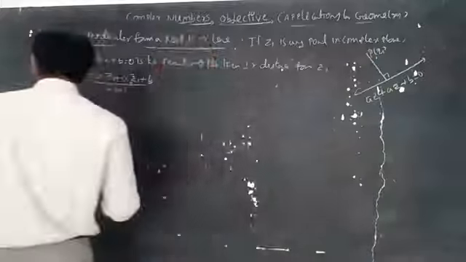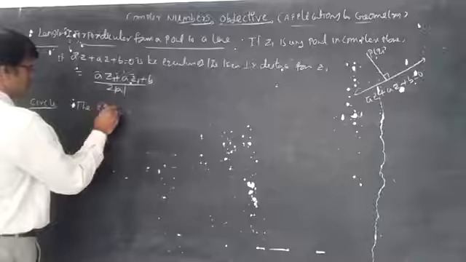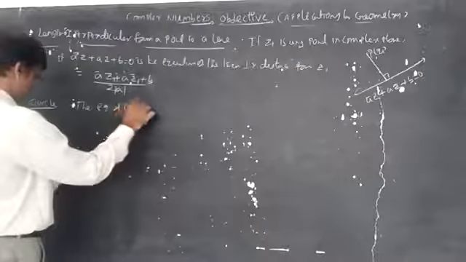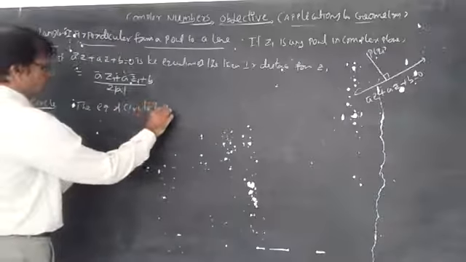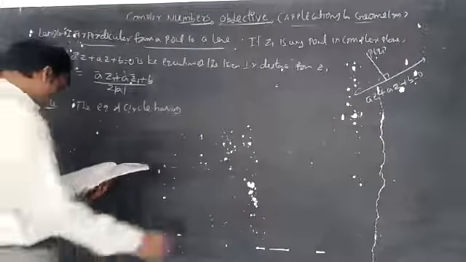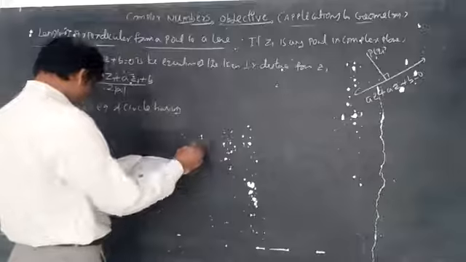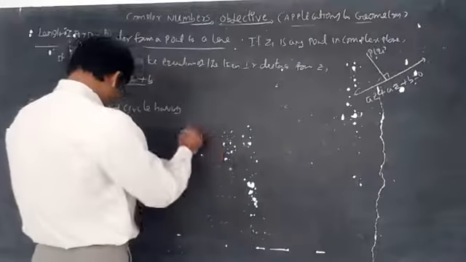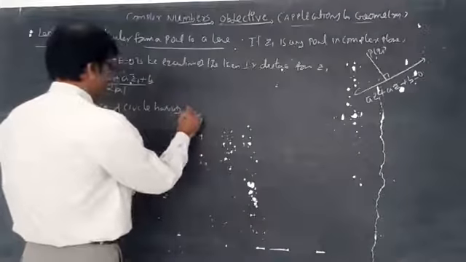The equation of a circle having center z0, a complex number, and radius r.